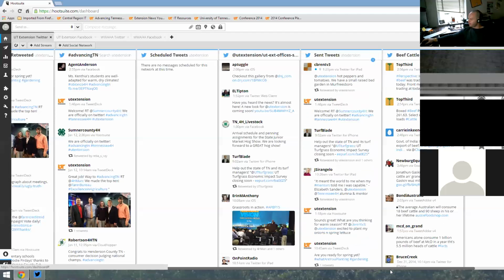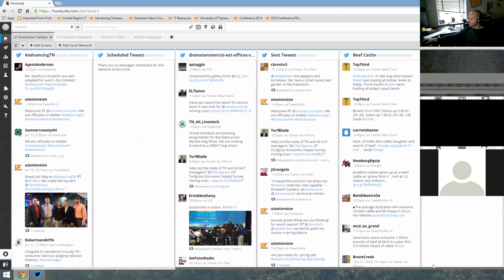Yesterday, I was showing an example of how to create more search options, and I used the term beef cattle. Now this is probably the most fascinating column, and there's a column just like this in my TweetDeck, but this is just searching for the two words beef and cattle. So anytime, anywhere on the planet, somebody tweets and uses the word beef and the word cattle in a tweet, it's going to show up.